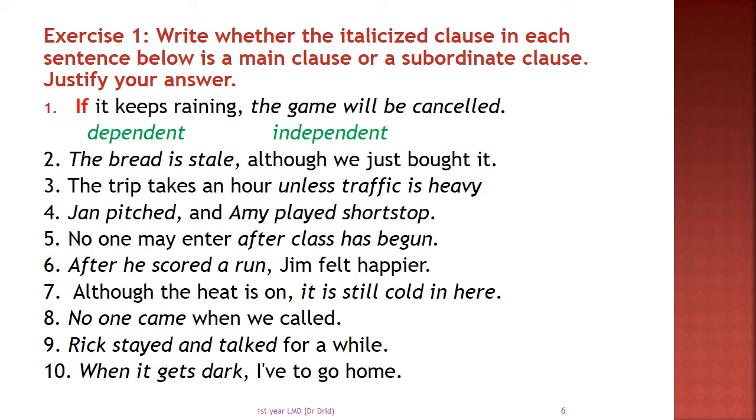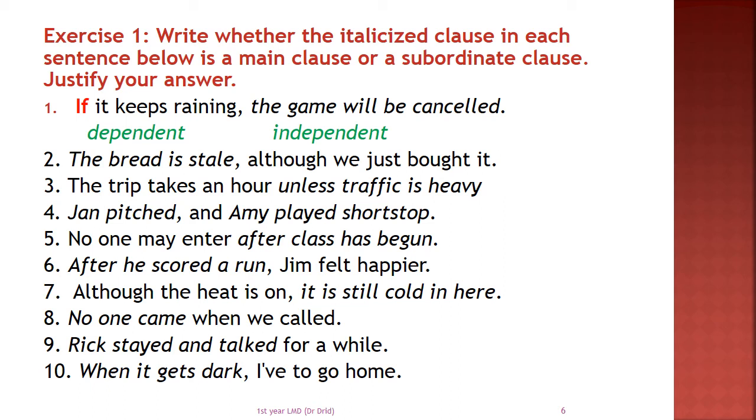If it keeps raining. Now we notice that the meaning is incomplete. We need another part of the sentence to have the full idea. We notice also that a subordinating conjunction is used at the beginning, if. So the first clause is dependent, subordinate.